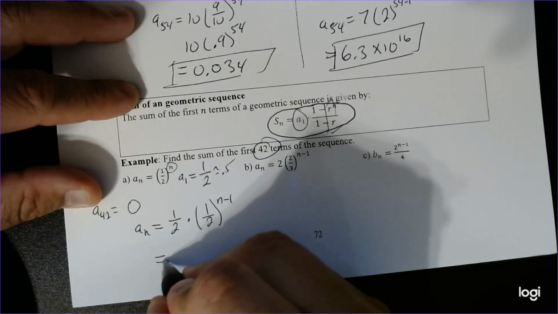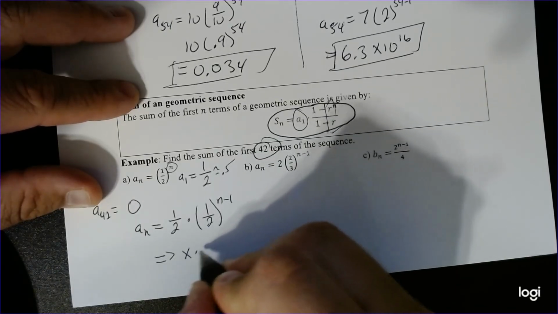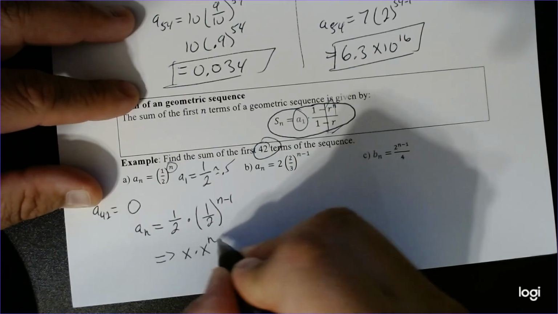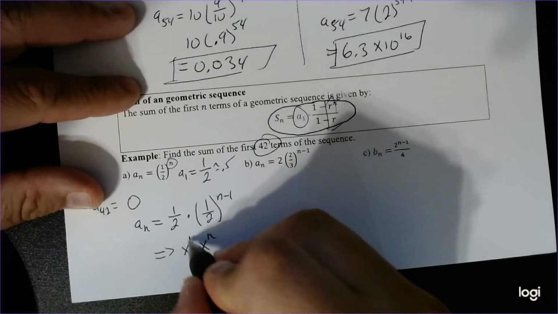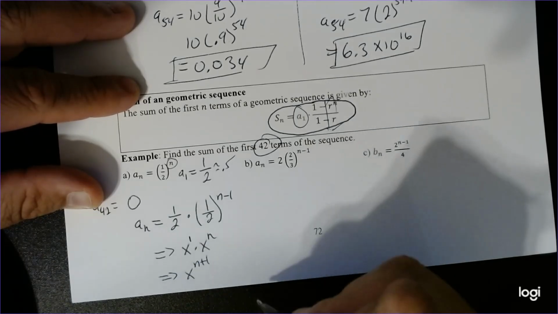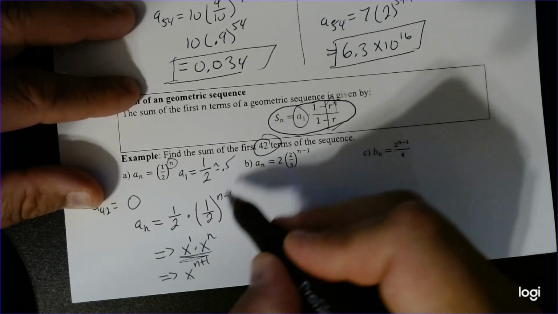So let's go back to what exponential rules mean. If I have x times x raised to the n, for instance, well, that means I'm just adding the powers together. So this would be x raised to the n plus 1 power. So these two combined give you this. If I split it up, it gives me this part here. And that's what I did here.